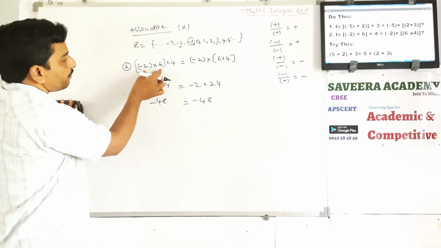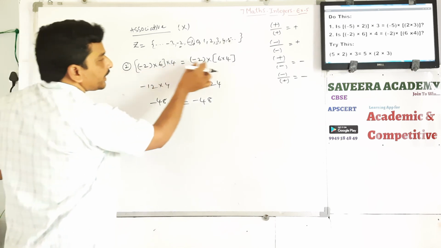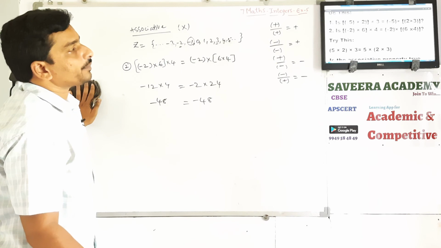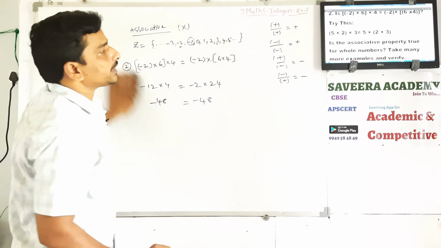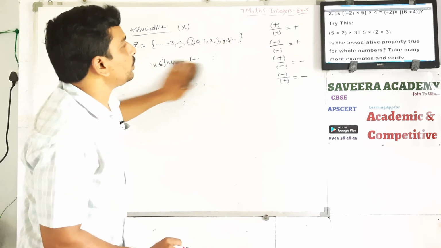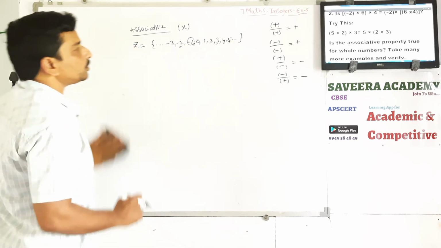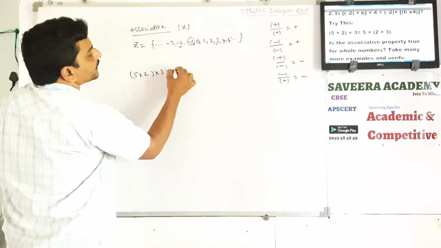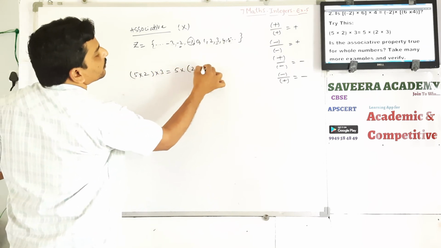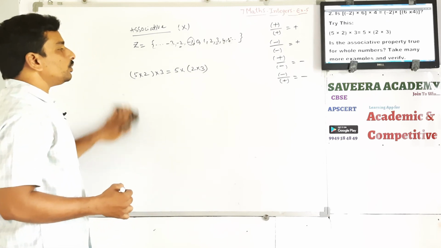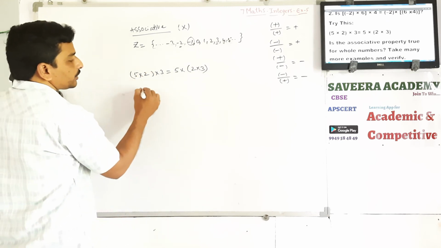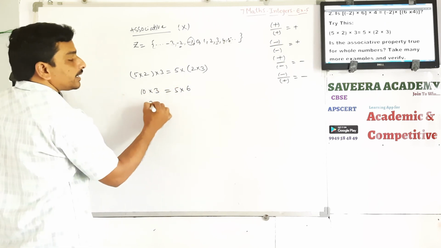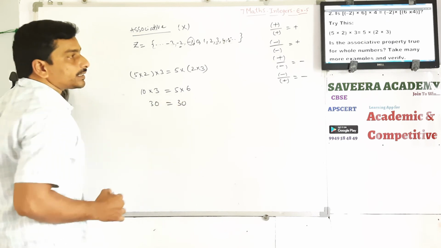Here on the left side these two values are grouped, on the right side these two values are grouped, even then we got the same answer. Okay, now here see, try this: 5 into 2 into 3 is equal to 5 into 2 into 3. 5 2s are 10 into 3 is equal to 5 into 2 3s are 6, 10 3s are 30 is equal to 5 6s are 30.